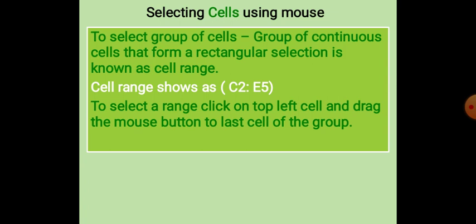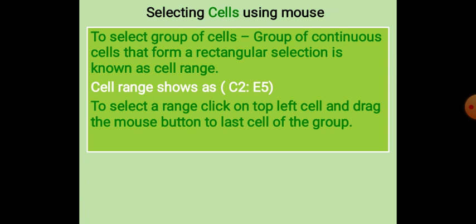Now it is also important to understand what a cell range is. Children, a cell range is a group of continuous cells that form a rectangular or square selection, and we show the cell range as the address of the first cell, a colon, and the address of the last cell.